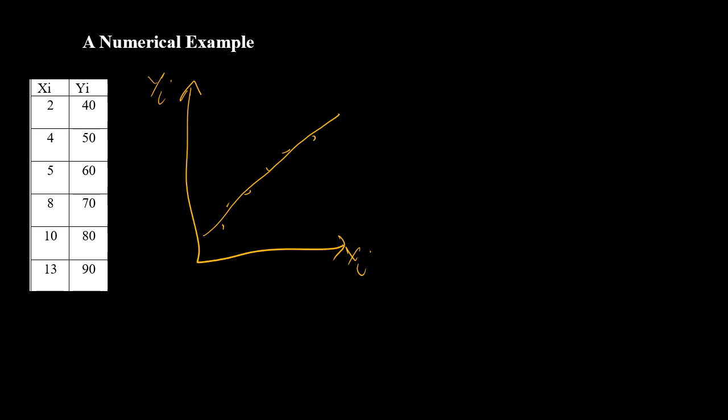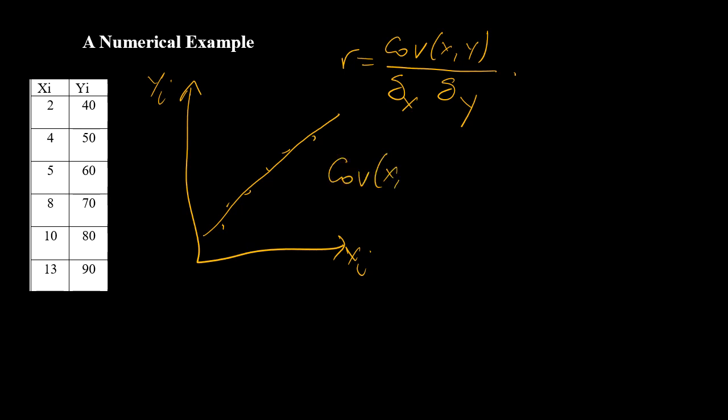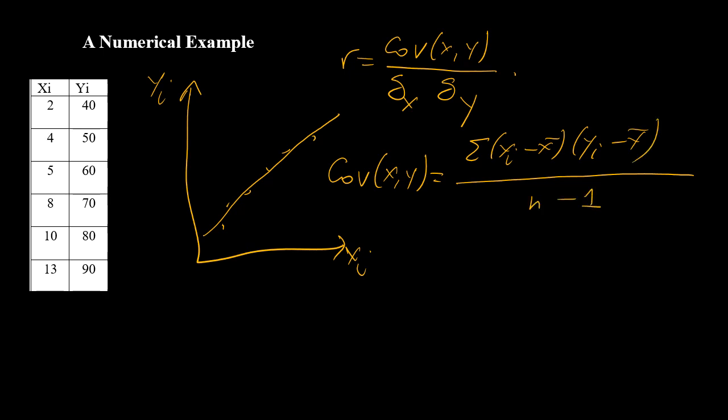As we have already mentioned, r is the covariance of two variables x and y divided by the standard deviation of the first variable times the standard deviation of the second variable. If we want to calculate the covariance of x and y, we can say that the covariance of the two variables x and y represents the sum of the products of the differences between x values and the mean of x, and y values and the mean of y, divided by n minus 1.